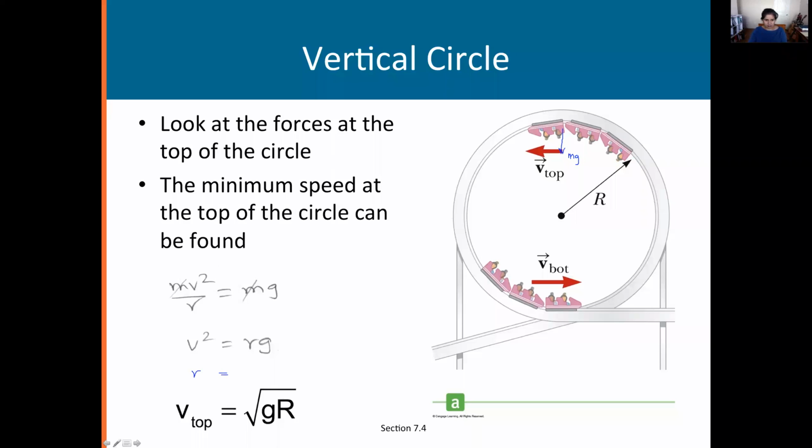That's right, r equals uppercase R, which is in this diagram, okay? So substitute that in, you get square root of Rg. That means the bigger the R, the bigger the velocity that's required to take this curve, given that g is fixed, yeah? Okay, so the minimum velocity is determined by this.